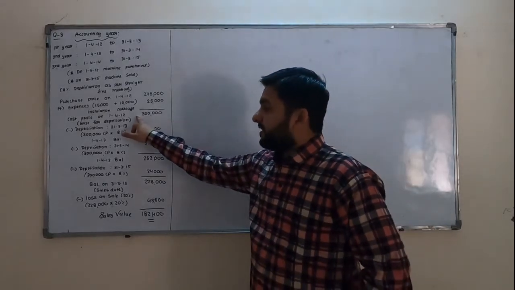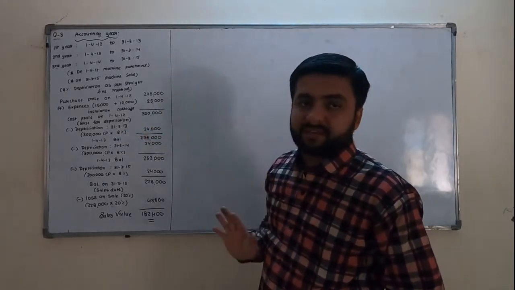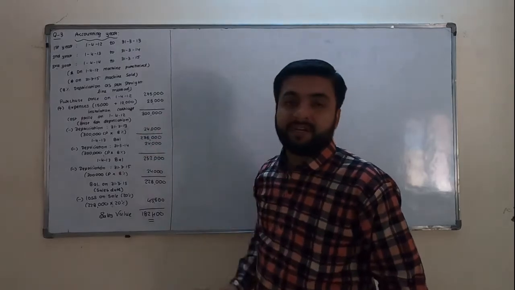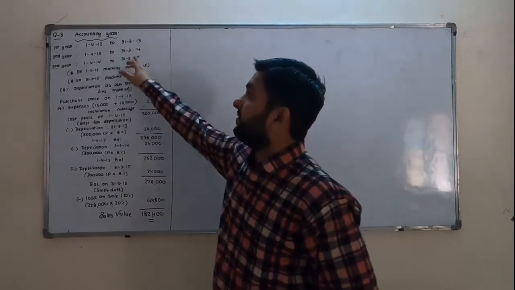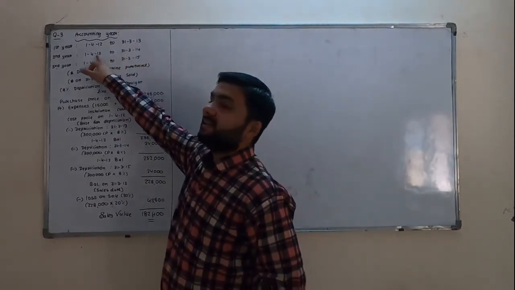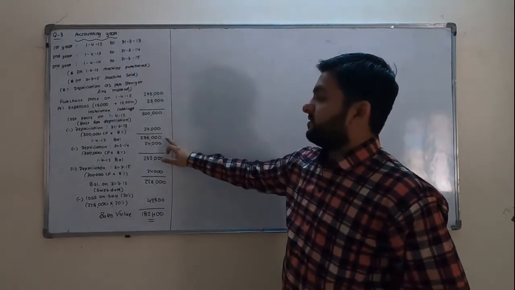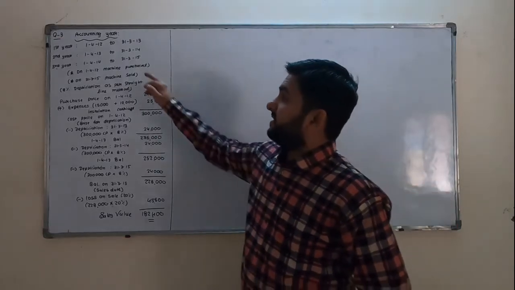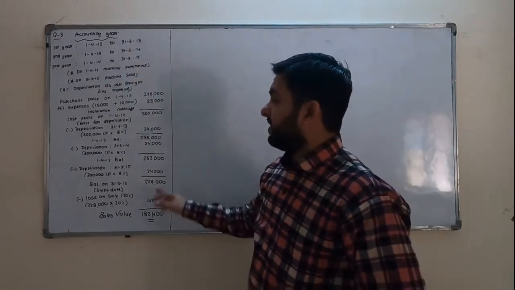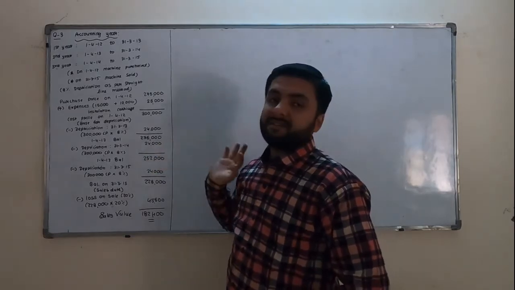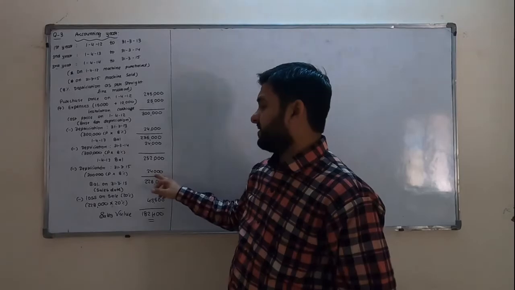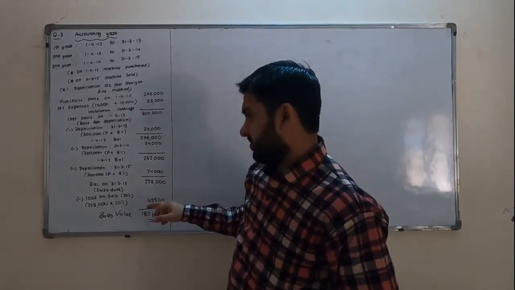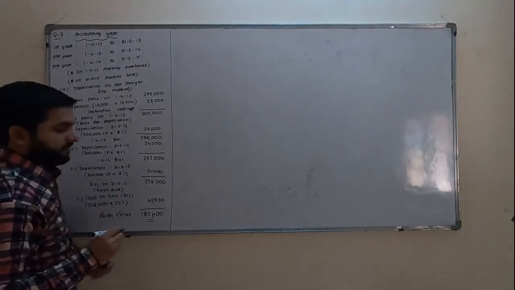Okay, so on 1/4/12 it was 3 lakhs. Now after 1 year 24,000 is depreciation, so its value after 1 year, on 1/4/13, because after this date the second year is starting, is 2,76,000. Again this year is ending on 31/3/14, and again we have charged depreciation. Then it will be 1/4/14.